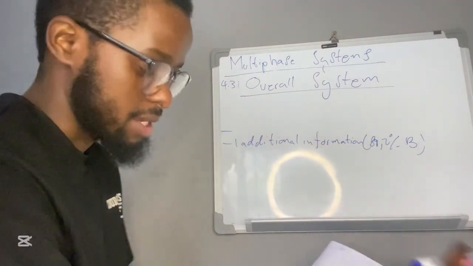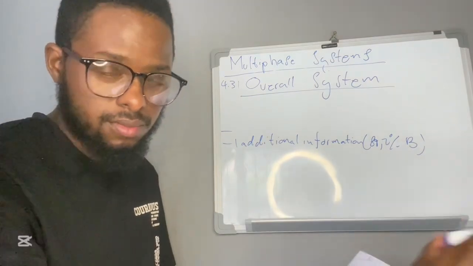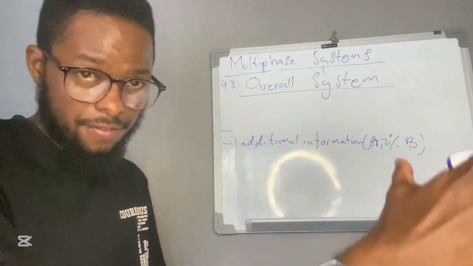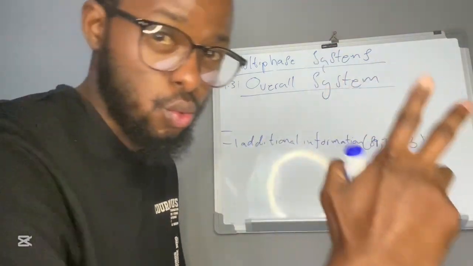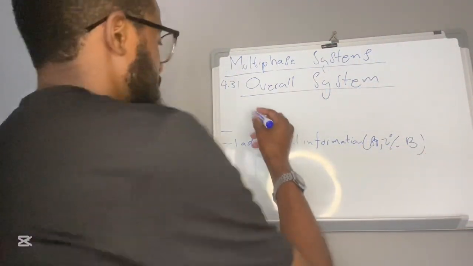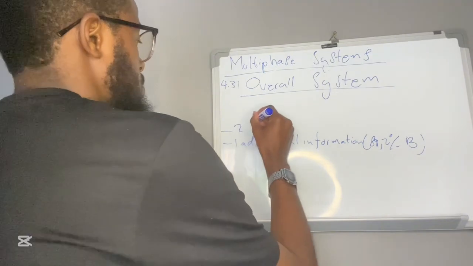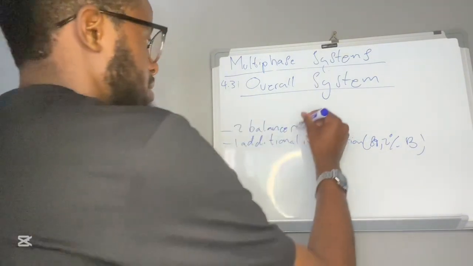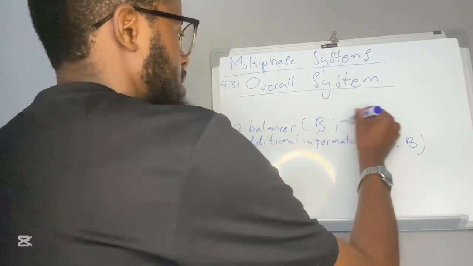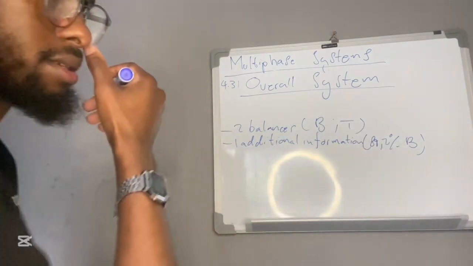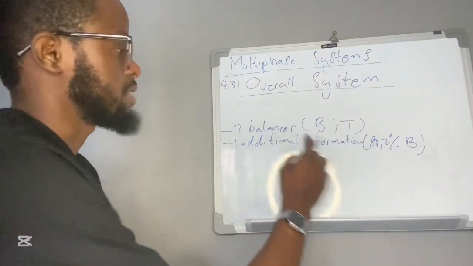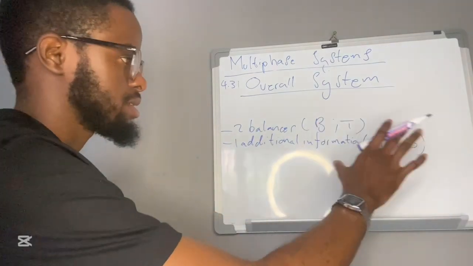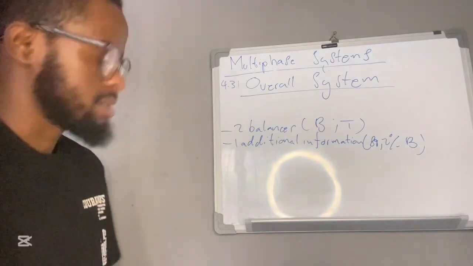Do we have anything external in the overall? No. We go back to see how many balances we have. On the overall we have 2 balances, benzene and toluene. If there was water, there would have been 3: benzene, toluene, water, but in this case, no. Is there anything else?